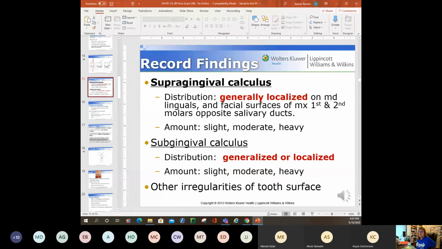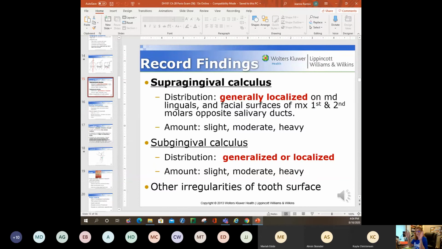If somebody has a really clean mouth, you may still find little bits of calculus on the linguals of the mandibular and the facial of the maxillary molar area. So we talk about calculus in the matter of slight. It could be localized slight calculus on the posteriors or anteriors, or full mouth.